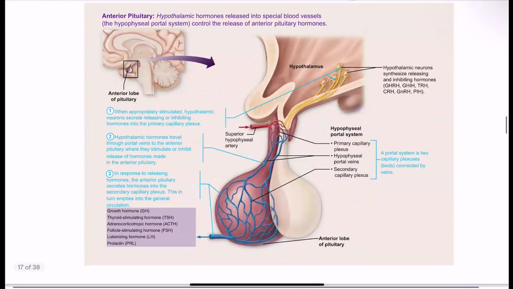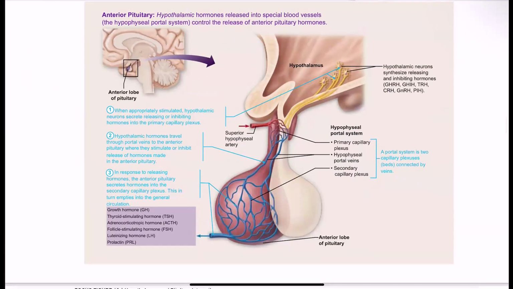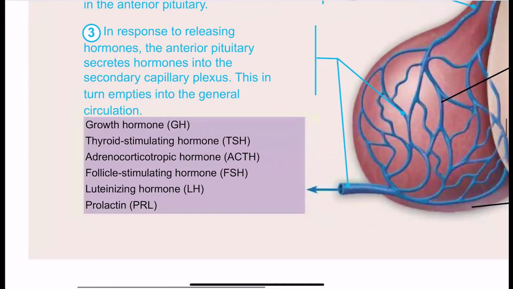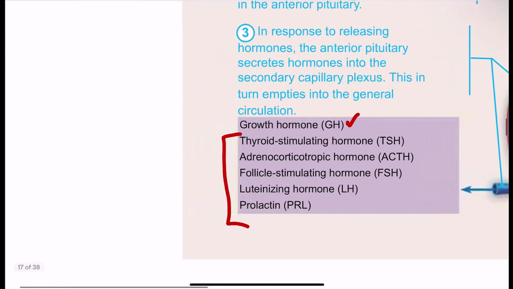Okay, back to the anterior pituitary. The rest of the hormones on this list here. So we already talked about growth hormone, but the rest of the hormones in this list are called tropic hormones.